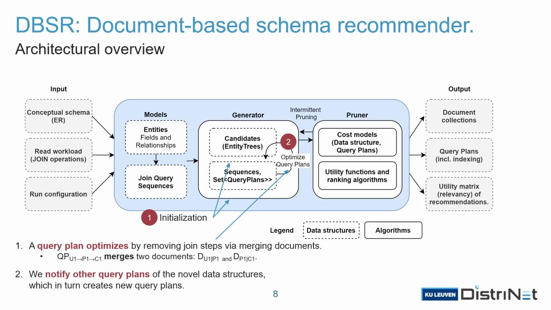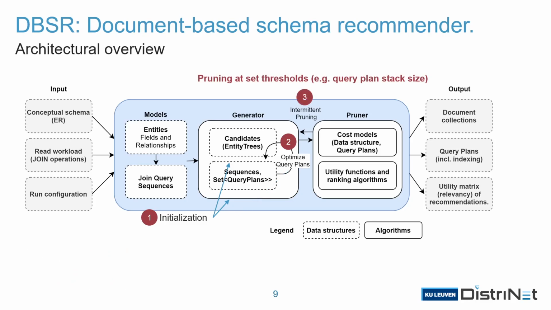Other query plans are then also notified of the existence of novel data structures, which in turn evaluate whether or not they can make use of them. And this will also yield new query plans. So this loop makes larger, more workload-efficient documents, but also yields more and more query plans.